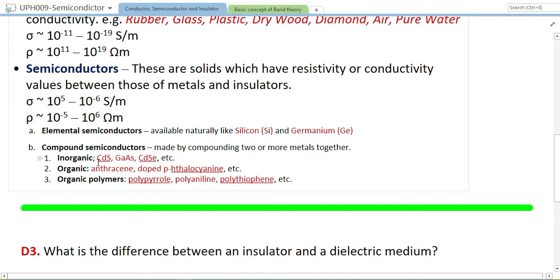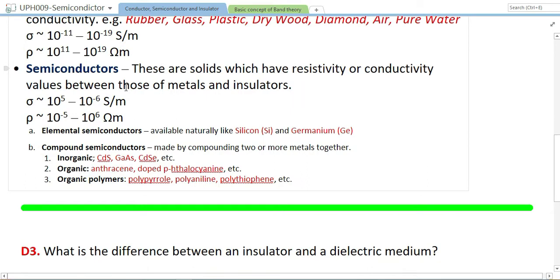So inorganic materials like cadmium sulfide, gallium arsenide, and cadmium selenide, and so forth. These polymers are very interesting, in the sense that they are being used in solar cells and so forth. So these are the different types of materials, classification of different types of materials depending upon their ability to conduct electricity or not.